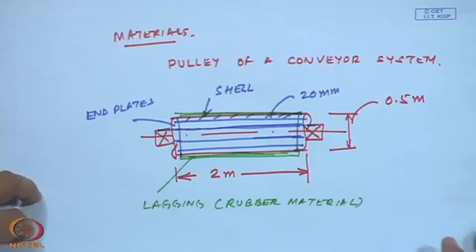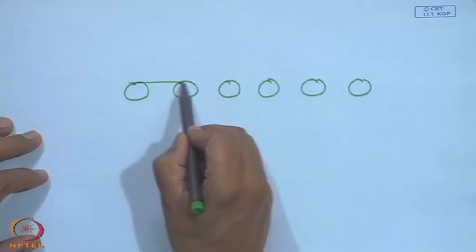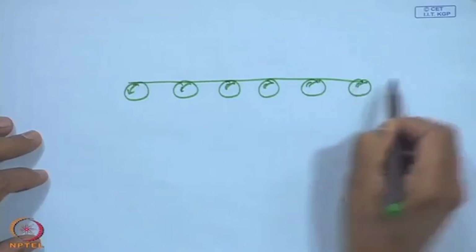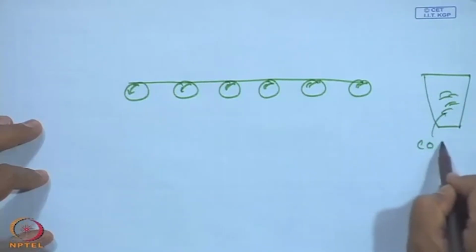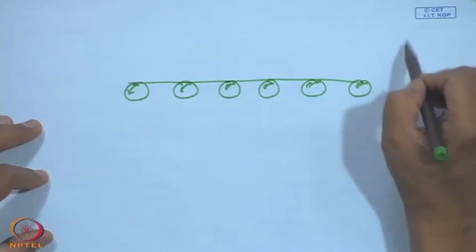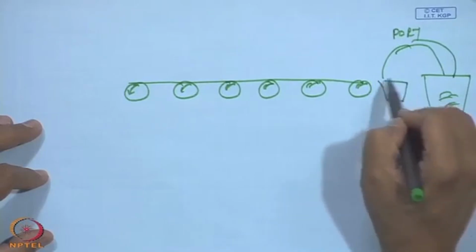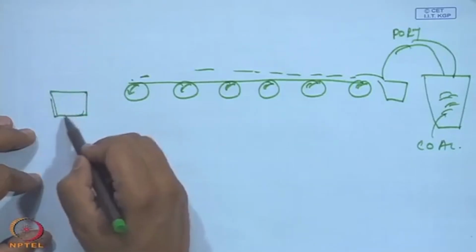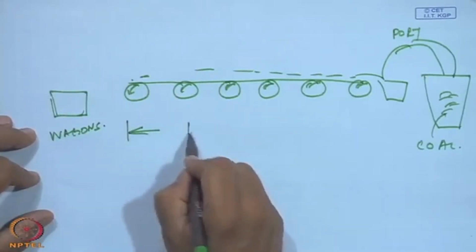And in a conveyor, there could be a series of such pulleys, and there will be this conveyor which is going on these belts, and this could be a big ship here, carrying maybe coal, and then there is a crane here at the port, which will scoop and then drop it at a bin, and then this is getting transferred, and this comes to the place where there will be railway wagons carrying the coal out, and this could be as long as maybe 1 kilometer.